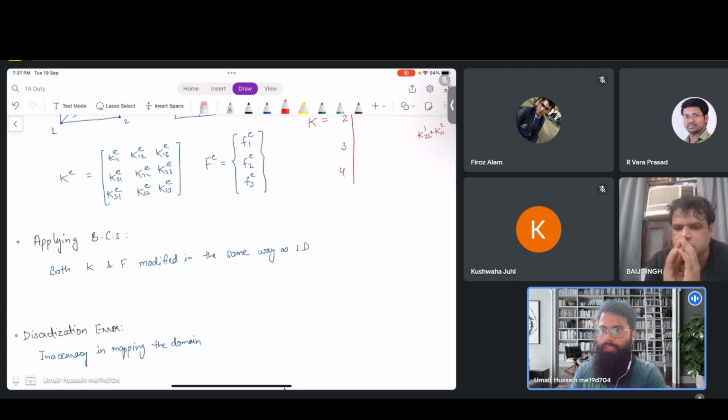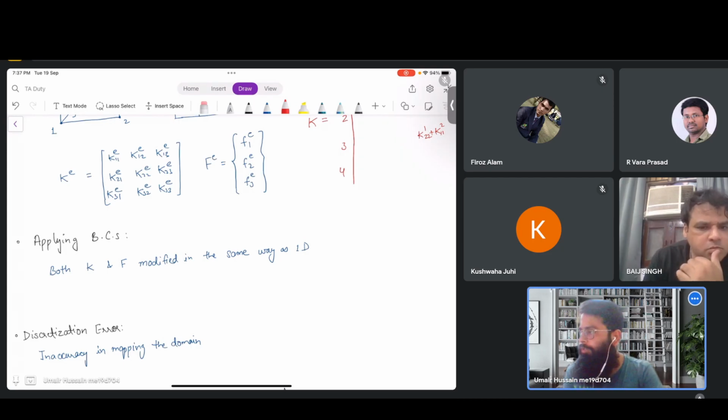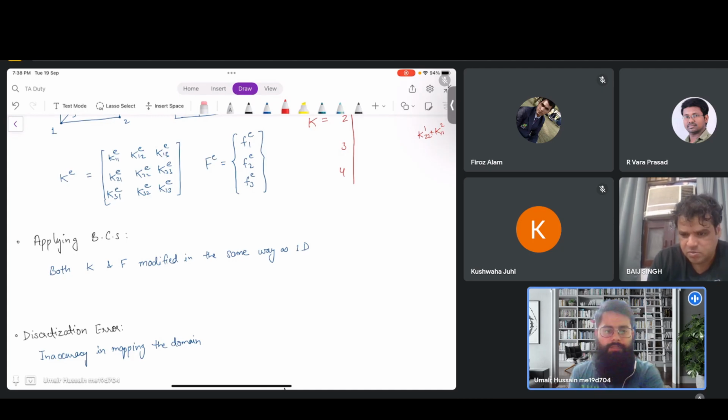That is the discretization error, the inaccuracy in mapping the domain. Any idea how we can reduce the discretization error? Anyone, any guesses?